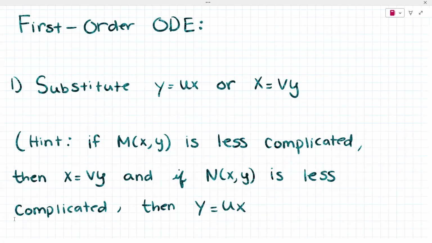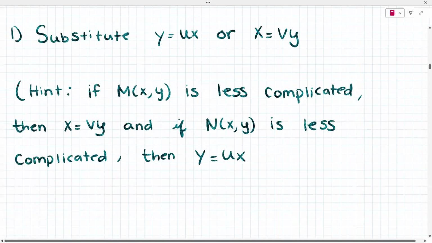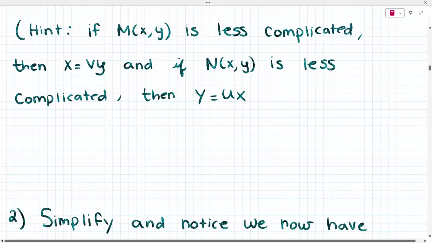Hint: if M of x,y is less complicated than N of x,y, then you substitute x equals vy. If N is less complicated, then you substitute y equals u times x, right? So it all makes sense when we do an example.